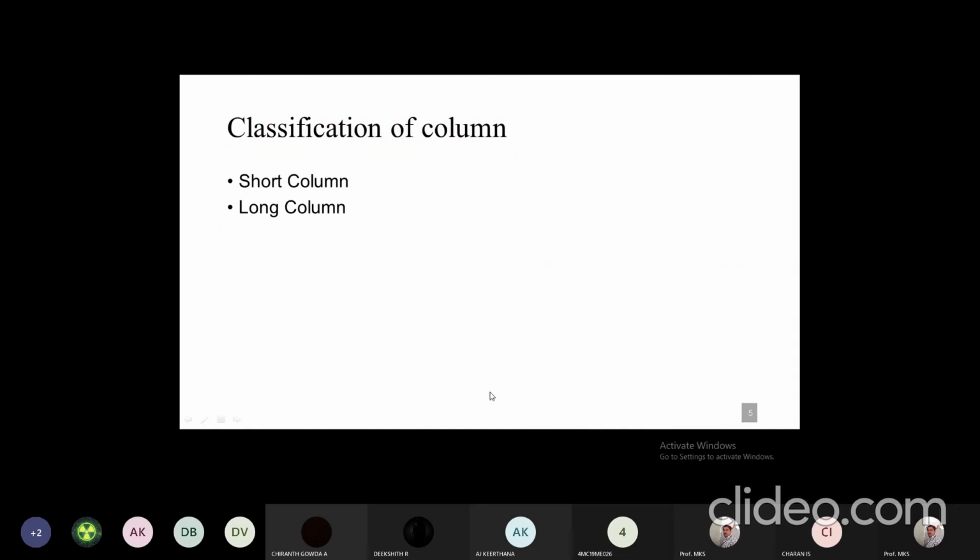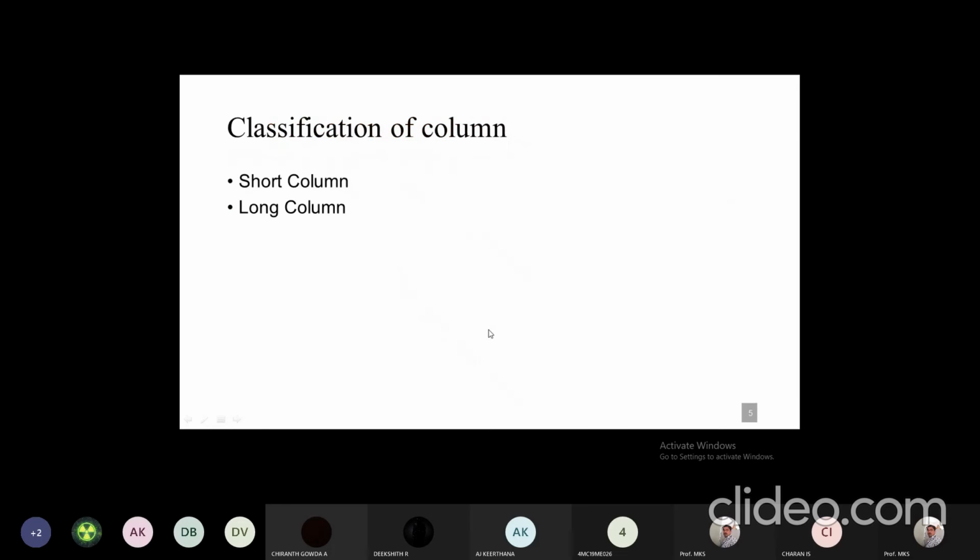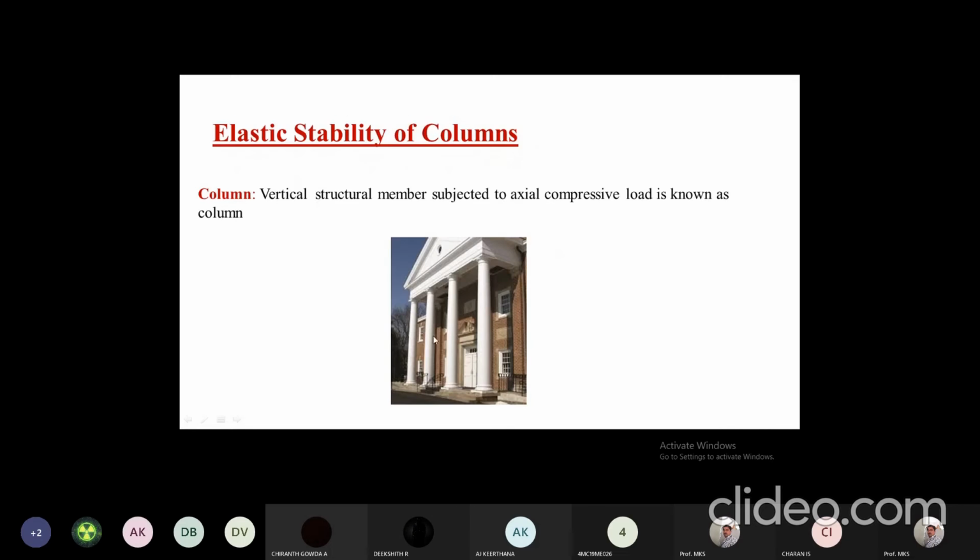If the ratio of the effective length of the column to its lateral dimension is less than 15, we call it a short column. If it is greater than 15, then we call it a long column.